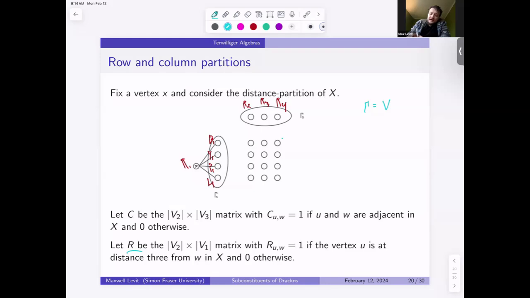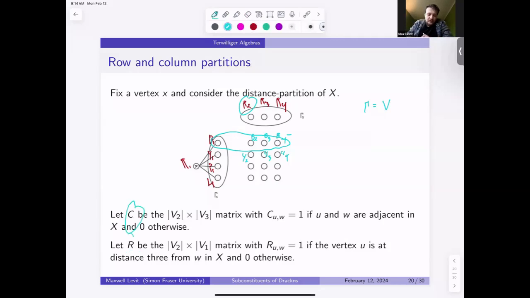So I can organize my rows so that this is B2, B3, B4, this is Y2, Y3, Y4, etc. I can always do these two things simultaneously because each vertex here has only one neighbor of each color, so I'm fine to make this organization this way.